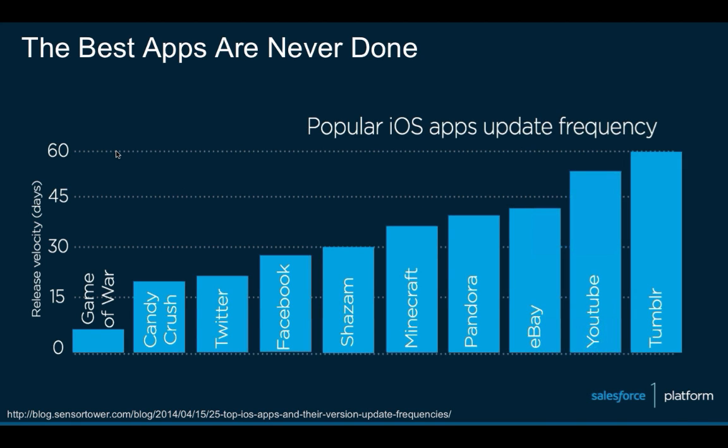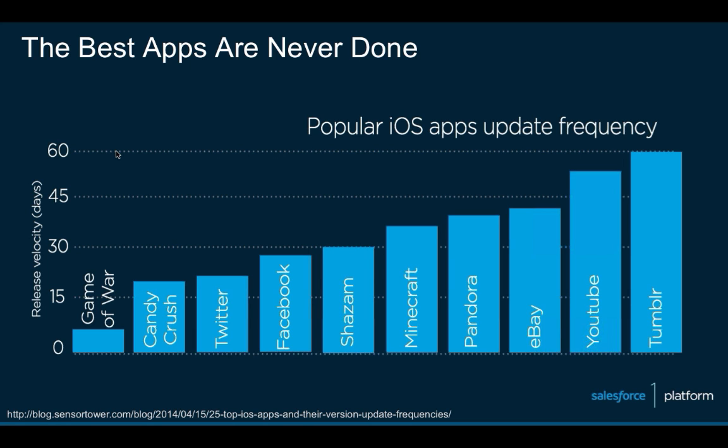Now, the thing about apps, and these are not giant applications, again, these are apps, they're never done. I like to phrase this as never completely finished. And that only makes sense if you have a smaller app. You can think of everything as being compressed, including the life cycle of needing to change the app. If you look at this graph, these are the popular iOS apps that are updated most frequently.